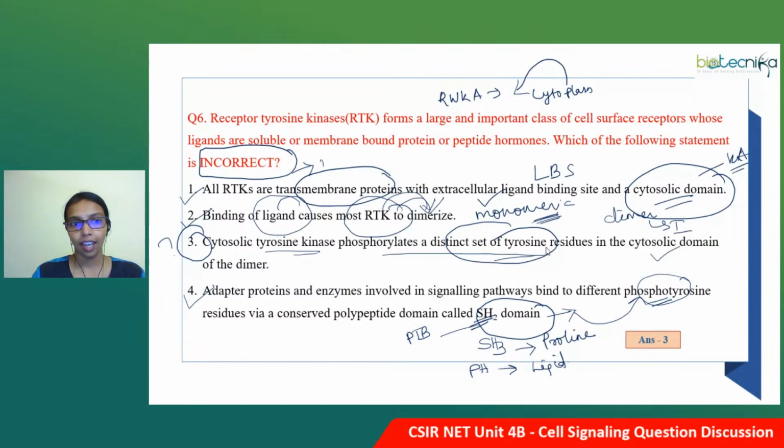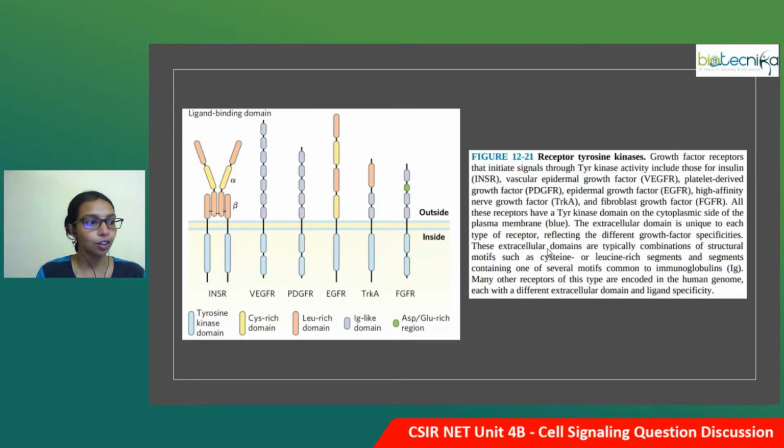Okay, and this is an image for a comparison. As we have, the majority of growth factors, if taken into consideration, undergo the RTK pathway. And all of them are the same in terms of the cytosolic region, because all of them are having tyrosine kinase activity, but they vary based upon the extracellular region.